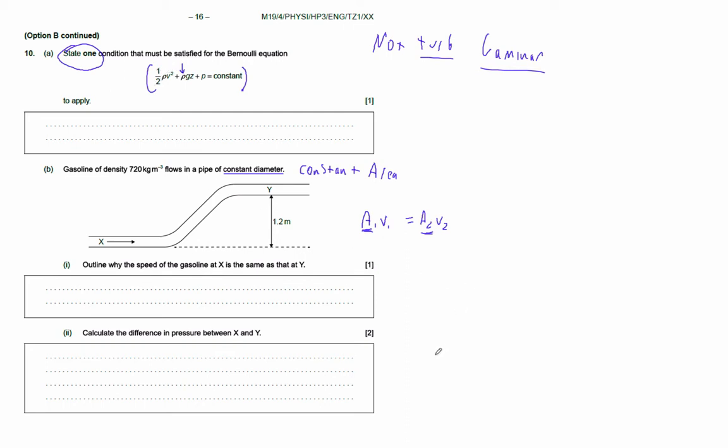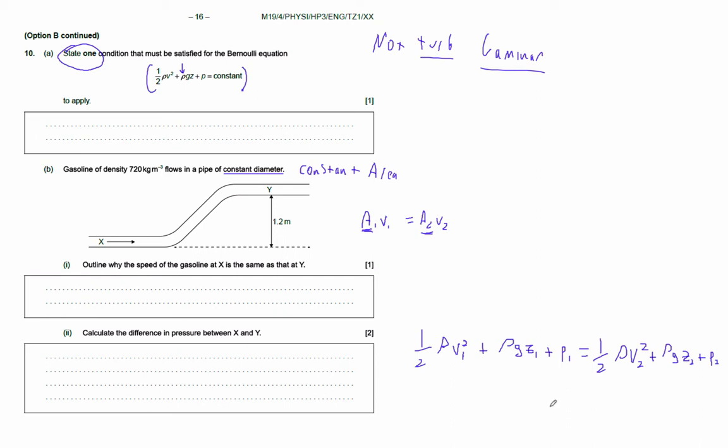So we're going to set up possibly 1/2 rho v1 squared plus rho g z1 plus pressure 1 equals 1/2 rho v2 squared, complicated formula, plus rho g z2 plus p2.